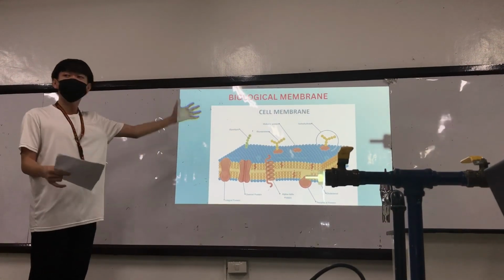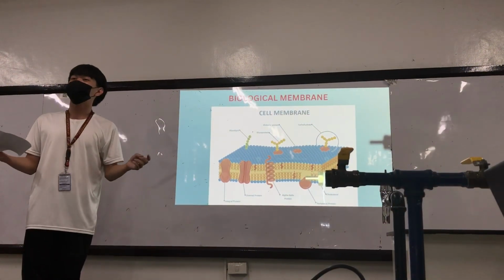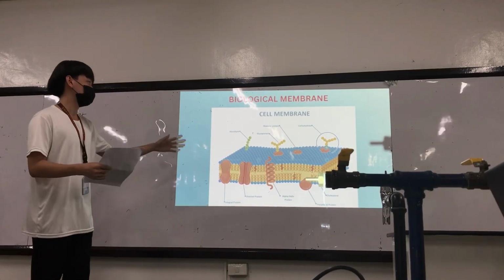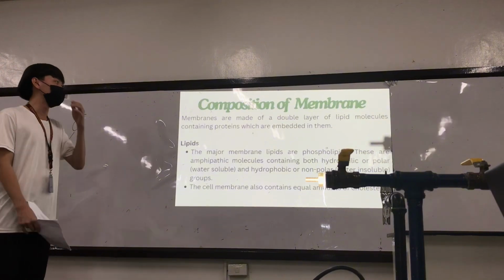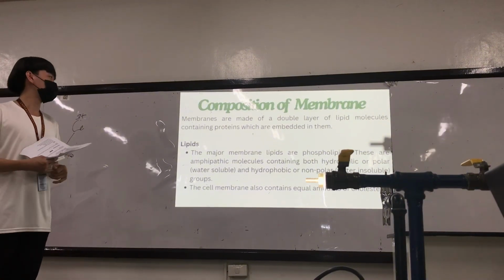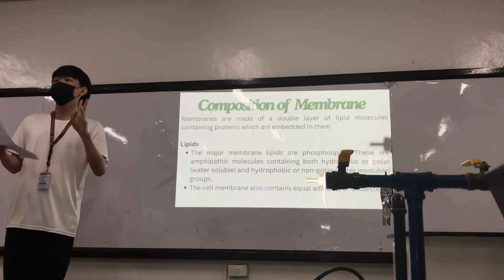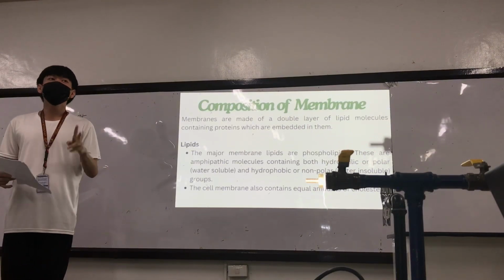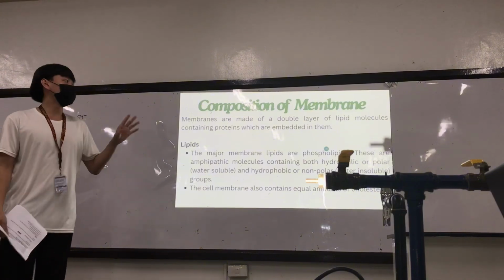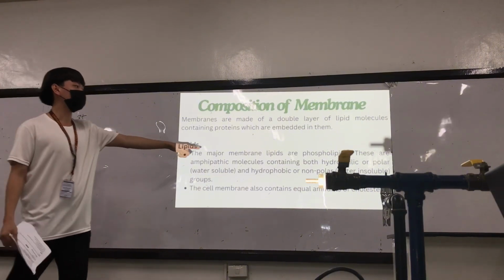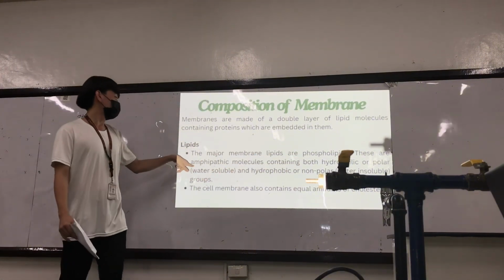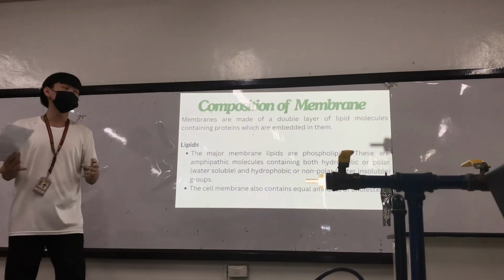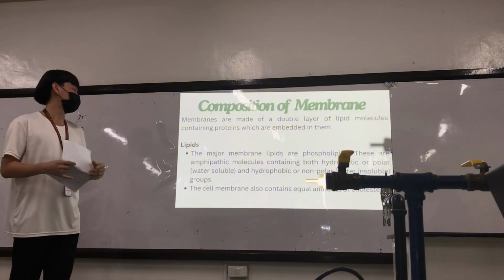So overall, the cell membrane is very important for protecting and supporting the cells. Now let's proceed to the next slide, the composition of membranes. Membranes are made of two lipid layers called phospholipids. Phospholipids have two parts. The first is the hydrophilic or polar part, which is water soluble and can interact with water.